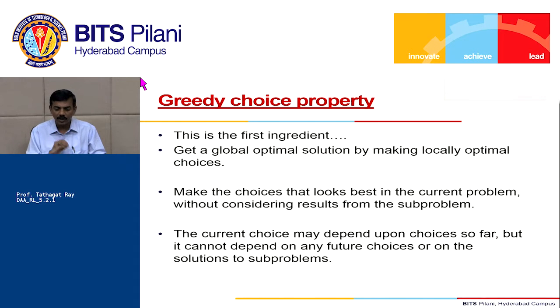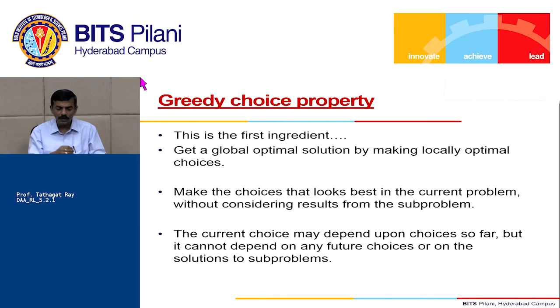We are making the choice that looks best in the current problem without considering results from the sub-problems. I'm not going to look into the solutions of the sub-problems. So the current choice may depend upon choices so far. Whenever I'm making this choice, it may depend upon my previous choices, but it doesn't depend upon any future choices.